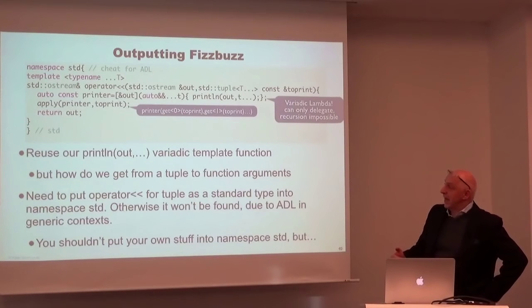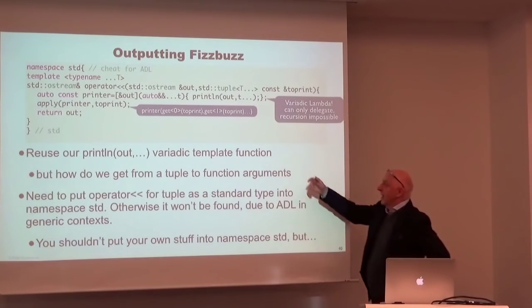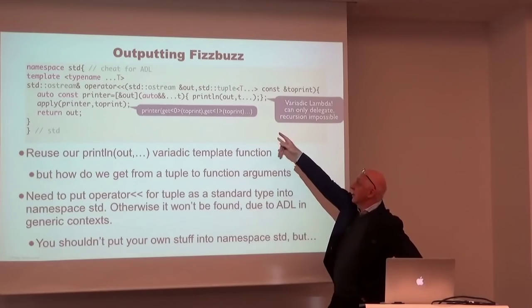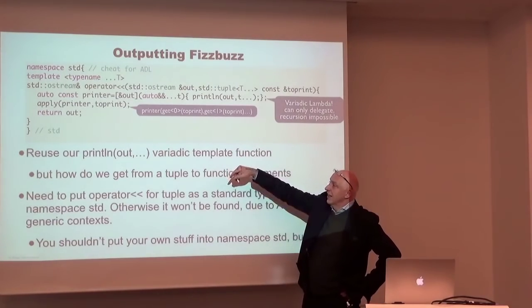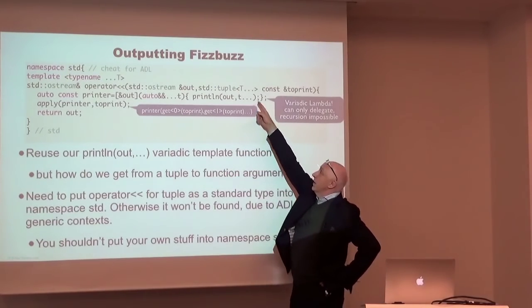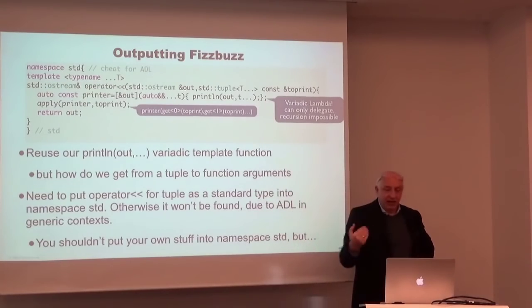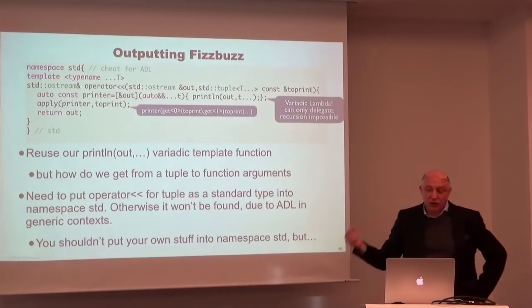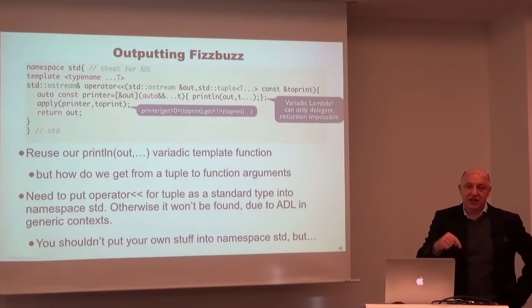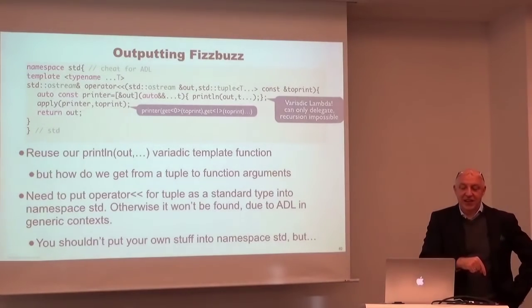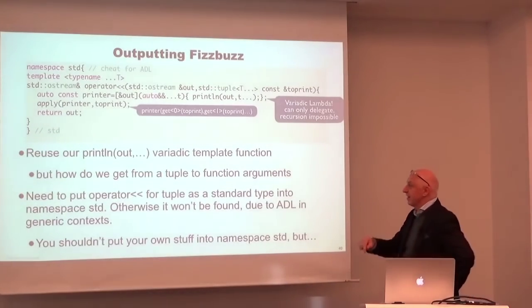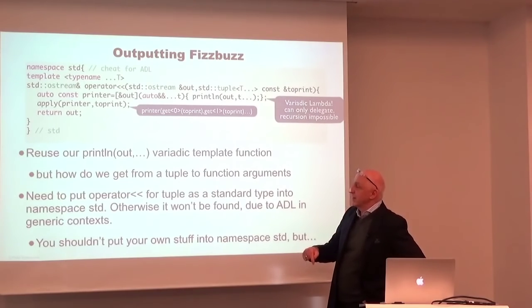And to implement that, I rely on my println function that takes any number of arguments. And now I need to map the tuple values of the specific type to function arguments. And fortunately, that got standardized as well, or will be standardized as well.